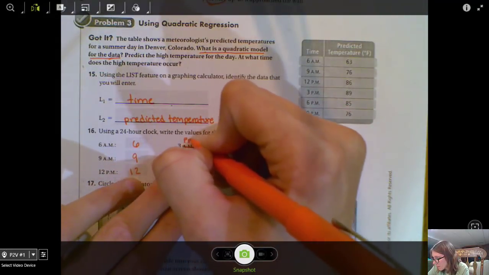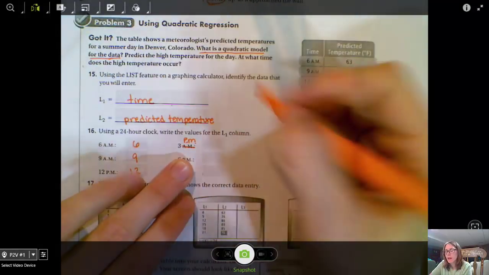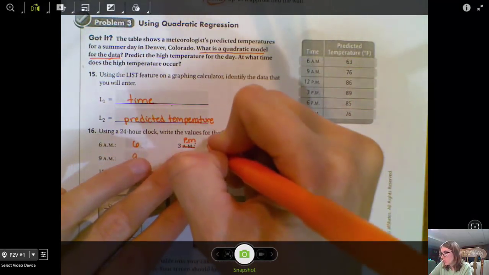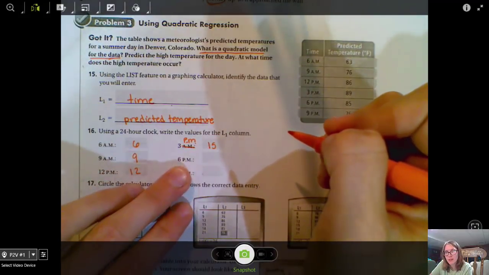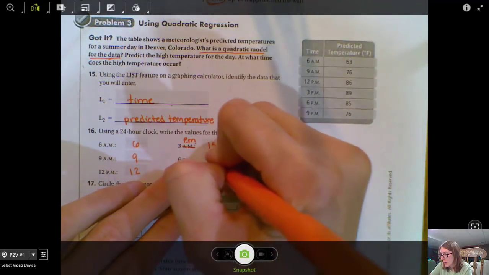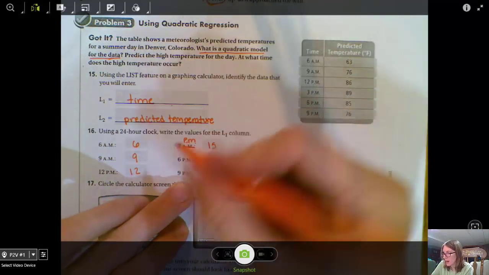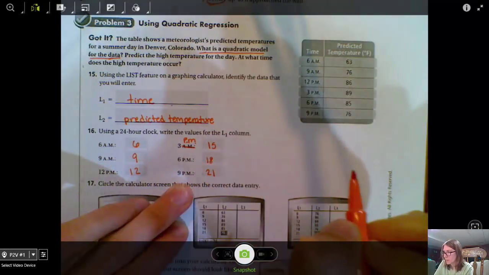This over here really should say 3 p.m., which would be 1500 hours. 6 p.m. would be 18, and 9 p.m. would be 21.